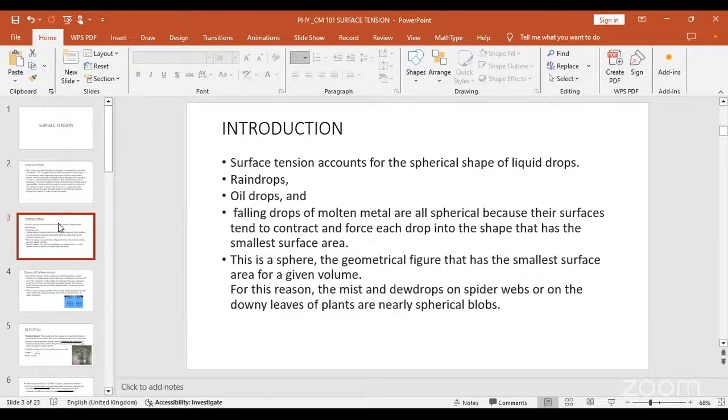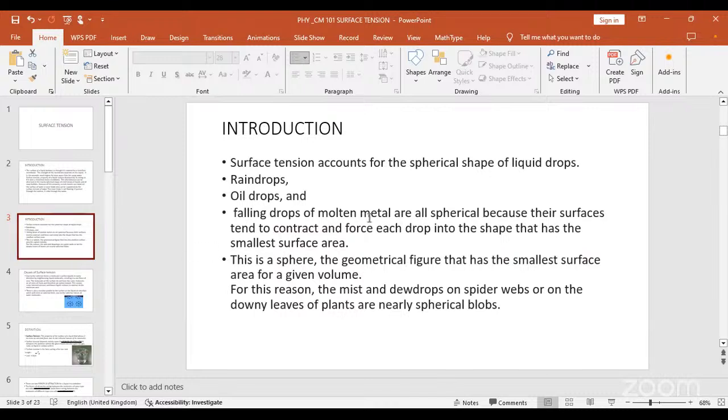You are going to see that it behaves as a spherical shape, with a sharp tip, and then it bulges out from the sharp tip. That spherical shape is due to the surface tension that has brought on such a shape.